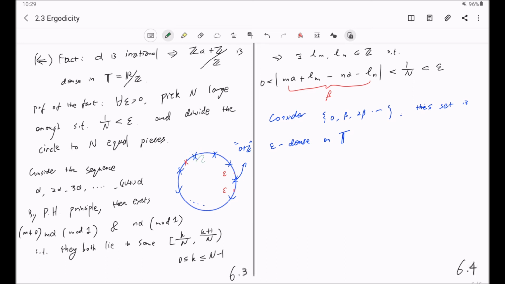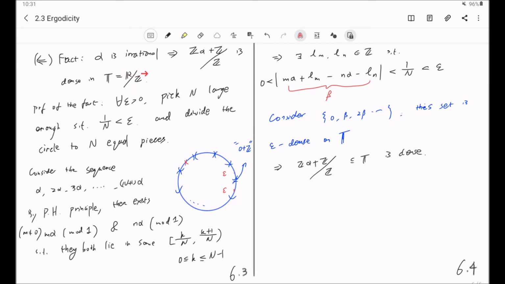So it can be close to any chosen point on this circle within the distance of epsilon. But the epsilon is arbitrary. So this shows in the end that Z times alpha plus Z mod Z is dense. And this proves this fact.